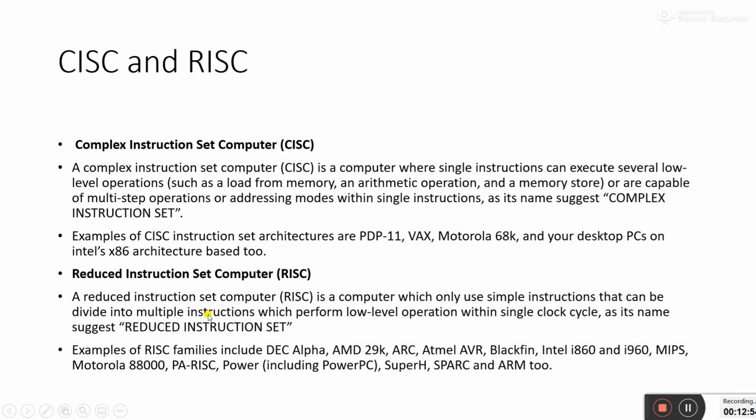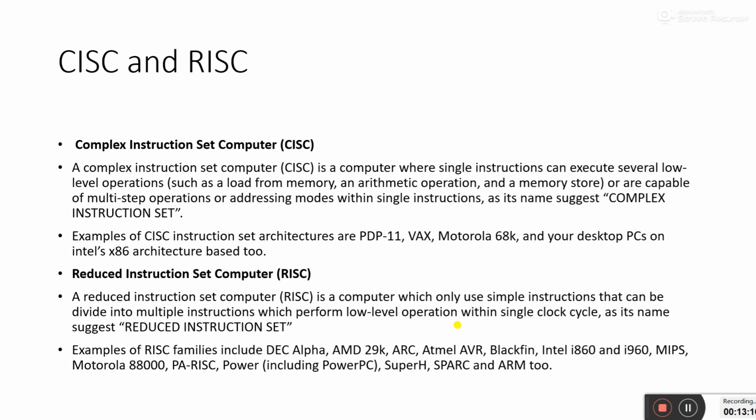Now let's see the reduced instruction set computing system. A reduced instruction set only uses simple instructions that can be divided into multiple instructions which perform low-level operations within a single clock cycle. As its name suggests, it is a reduced instruction set.